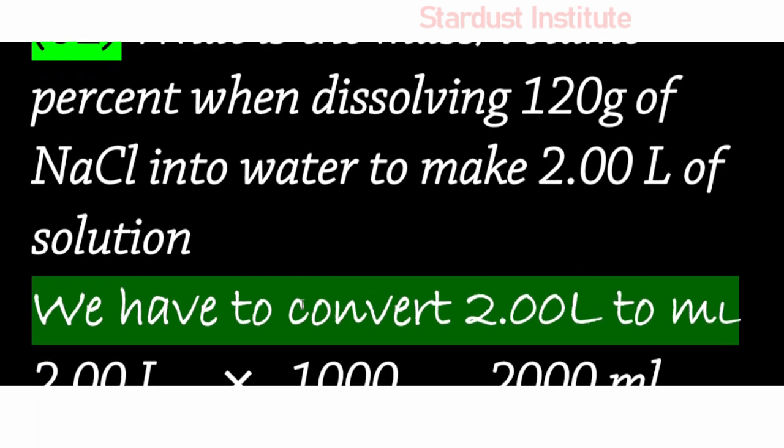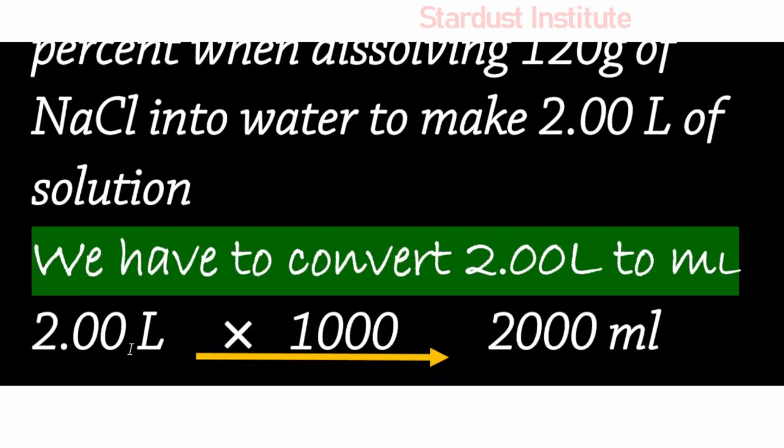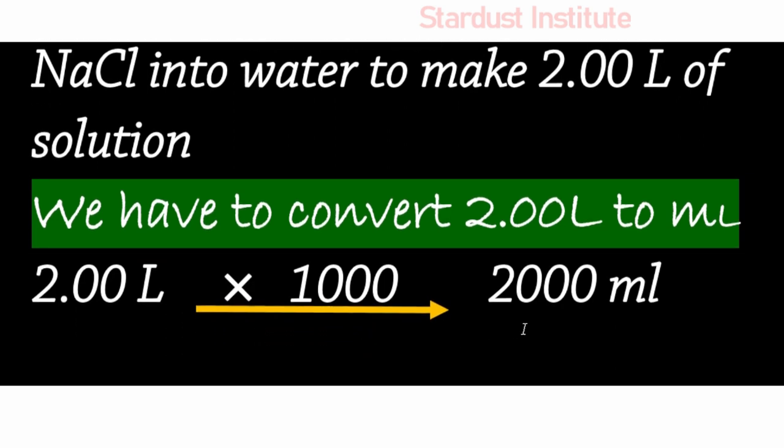We have to convert 2.00 liters to milliliters because mass of the solute should be taken in grams and volume of the solution should be taken in milliliters. 2.00 liters multiplied by 1000, then we get 2000 milliliters.